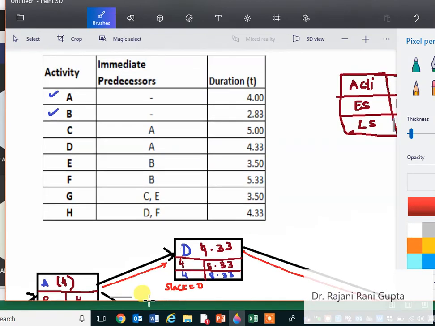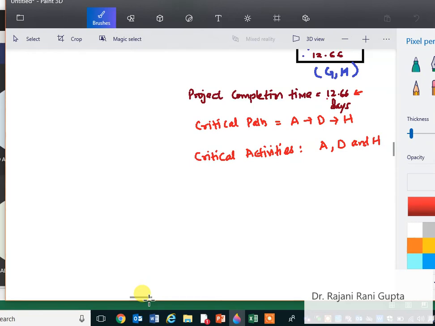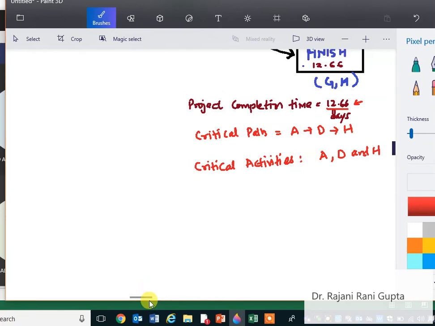We have to add A, D and H. So A is 4, D is 4.33 and H 4.33. Okay, so it is 12.66. Okay, which is the total project completion time. So it means it's correct.